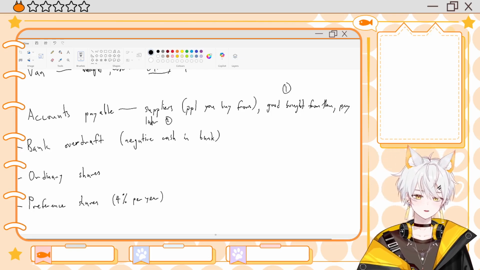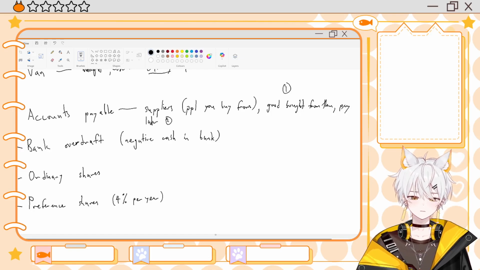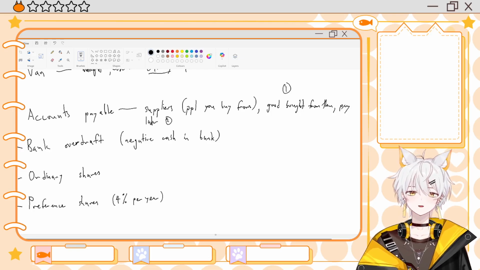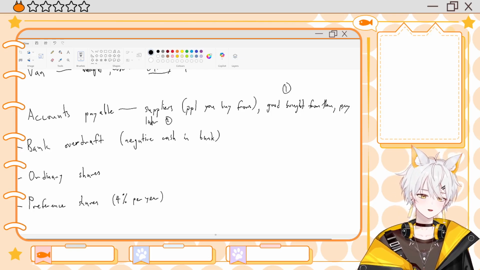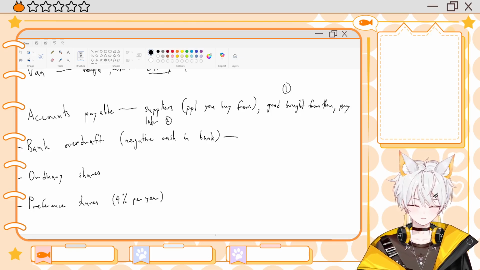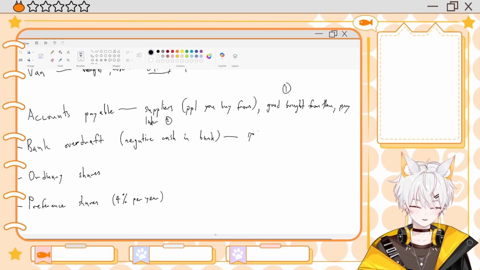Alright, so the next one that we're covering is bank overdraft, which is negative cash in bank. What this means is, let's look at the story here: you spent more than your savings.